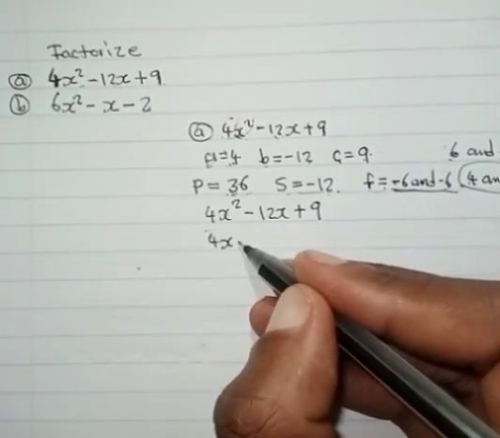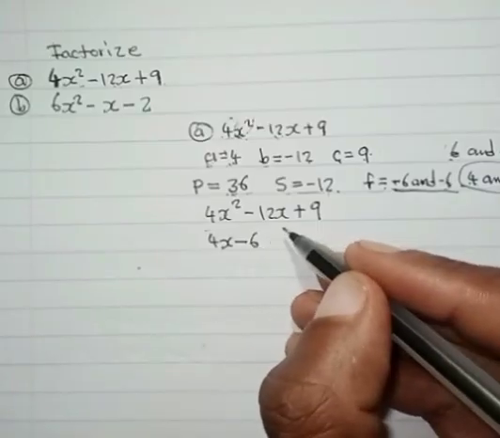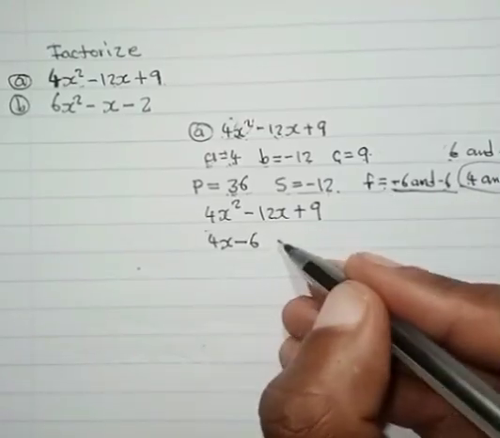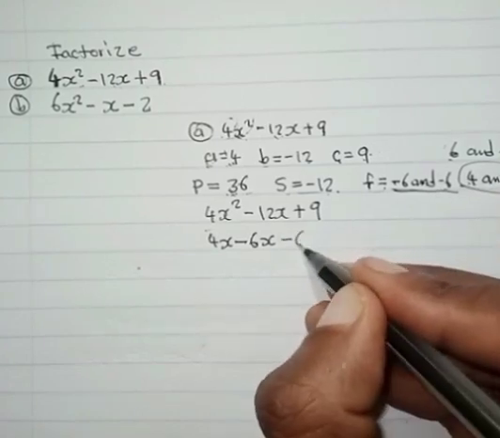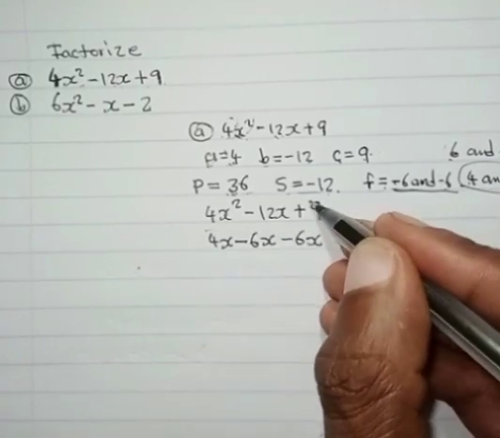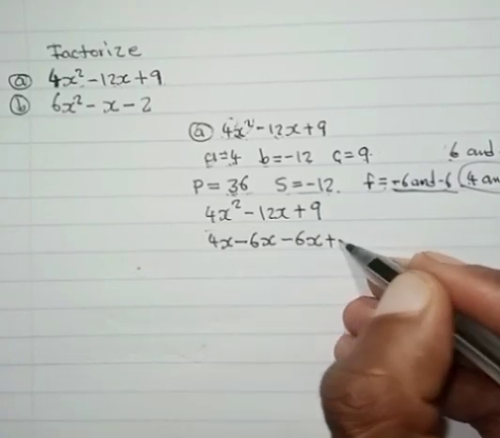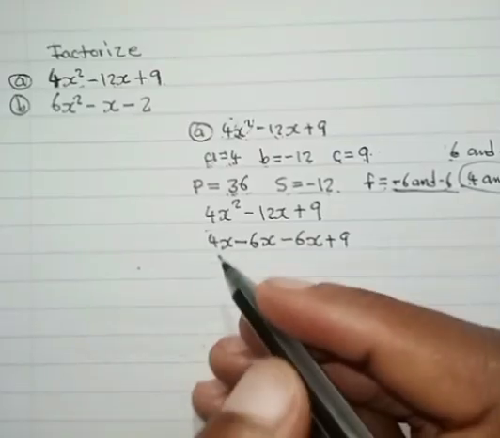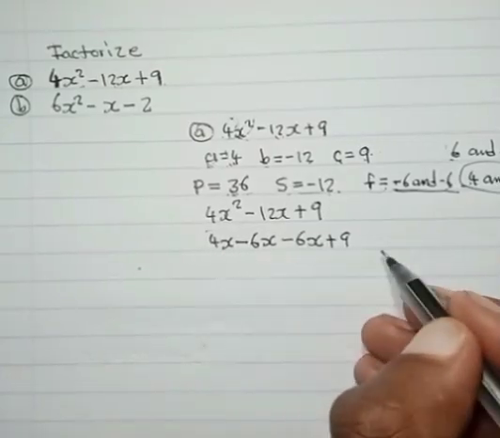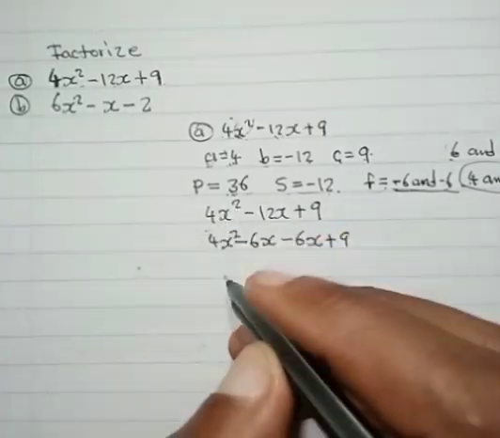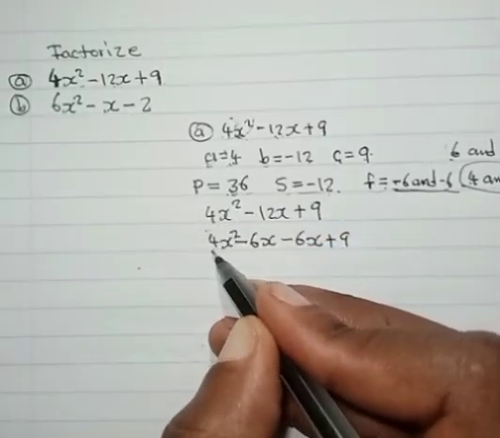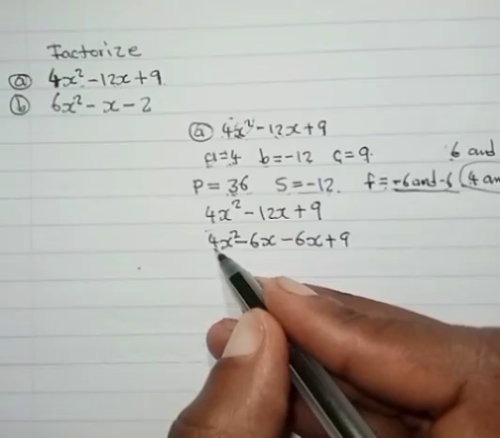So our factors are negative 6x, and the other one is negative 6x also, then this last term is positive 9. Now we can apply factorization here. This one is a square for x squared. What is common here is 2.